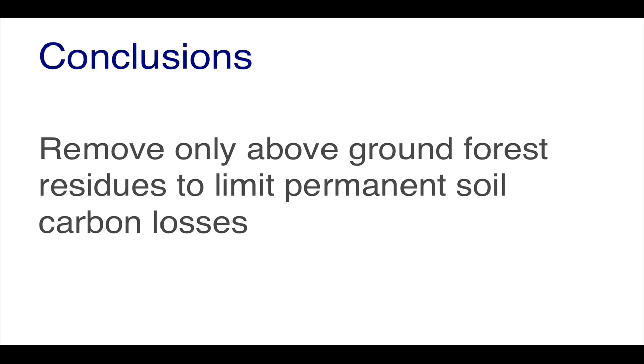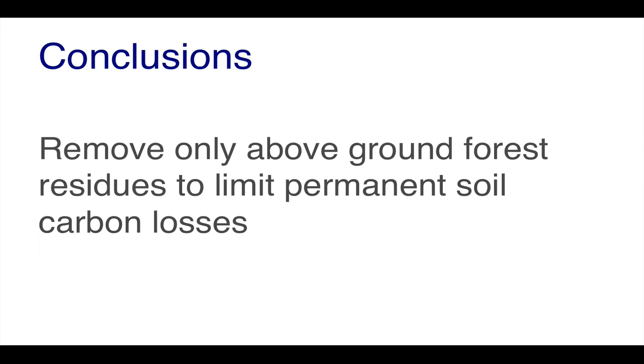Lastly, permanent soil carbon can be an issue. It's something that we did consider in our sensitivity analysis. I don't show results here, but our results show that a quicker payback period can be gained for case A than for case B. So this gives some emphasis that case A could actually be better, to not remove the below ground.